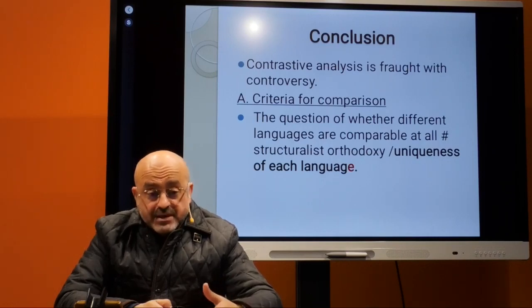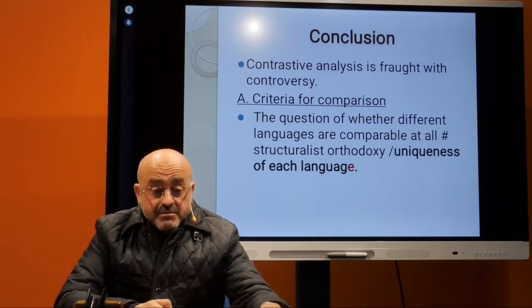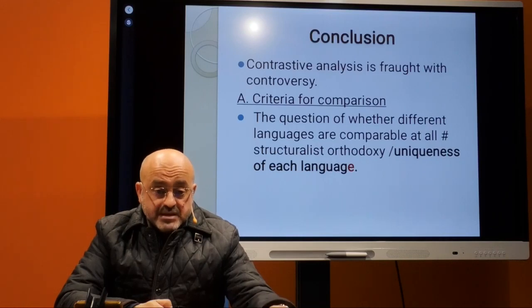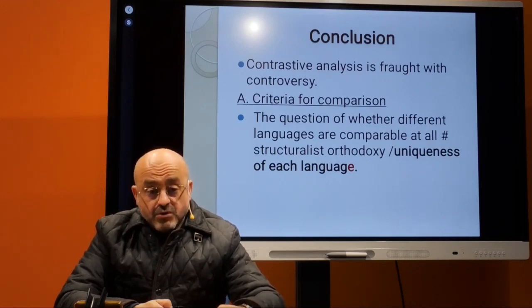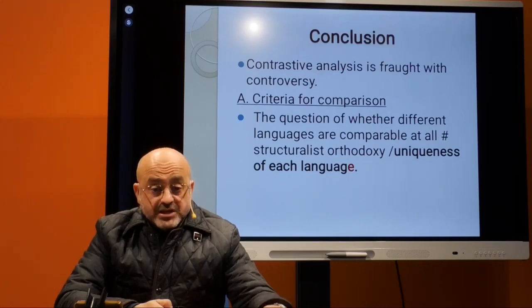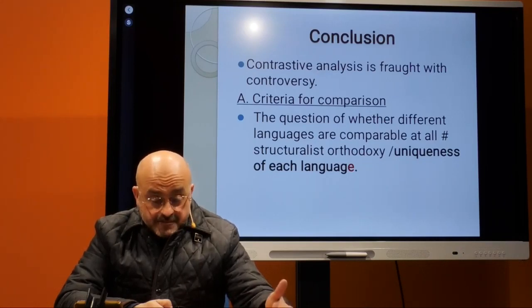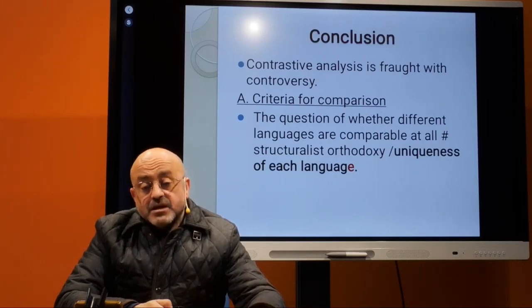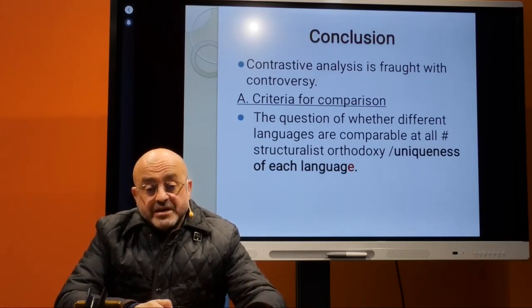Even for human beings, we say that every human being is unique, but at the same time, we share a lot with other human beings. Same for languages. Though in terms of structure, we can say that each language is unique, still, there are many shared elements between languages.